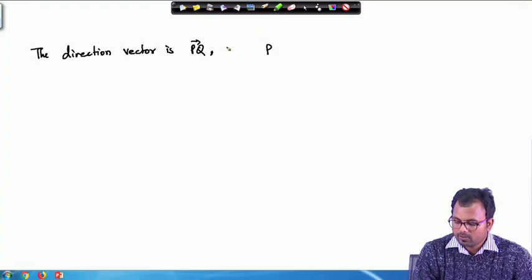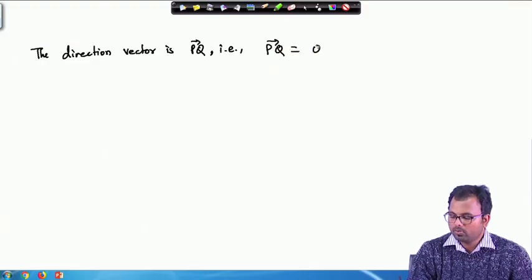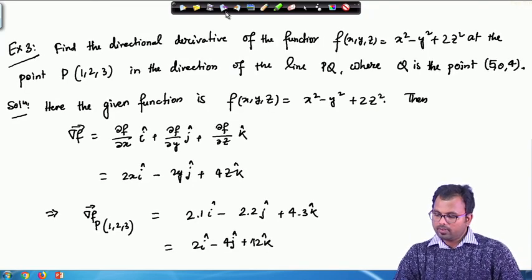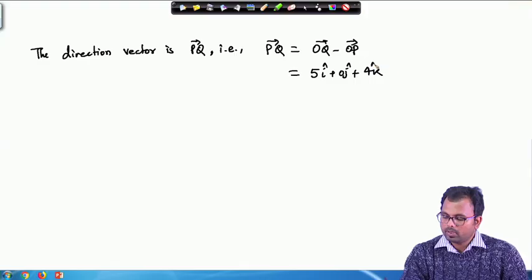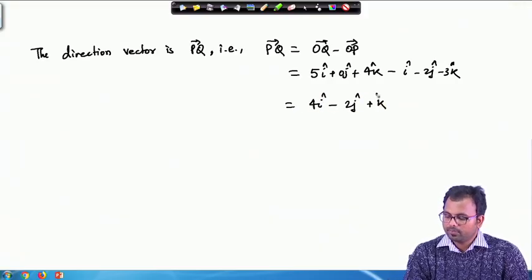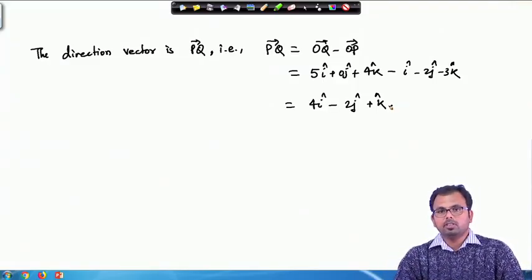PQ is equal to OQ minus OP. OQ is the point (5, 0, 4). So, we have 5i plus 0j plus 4k minus i minus 2j minus 3k. So, this will be 4i minus 2j plus k. So, along this vector PQ, we have to calculate the directional derivative.